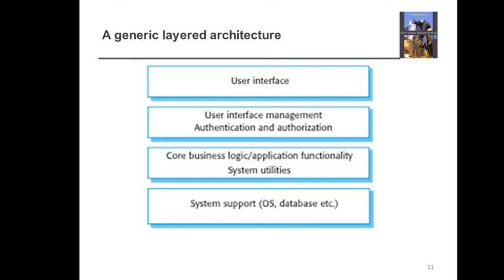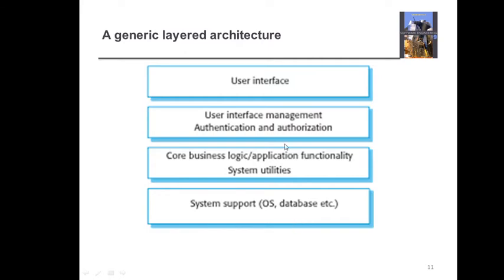So that is authorization. This manages which users are authentic and who are authorized to use a particular functionality. Then comes the core business logic, where the applications or the utilities are developed. The system that we actually develop, the major functionalities, are present in the third layer. While the fourth layer is the system support layer, which consists of the operating system and the databases.